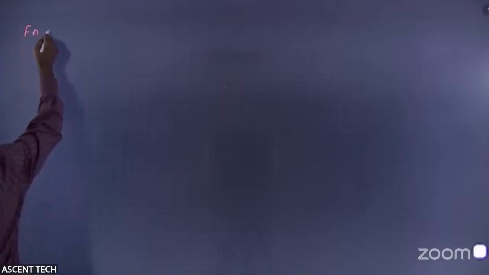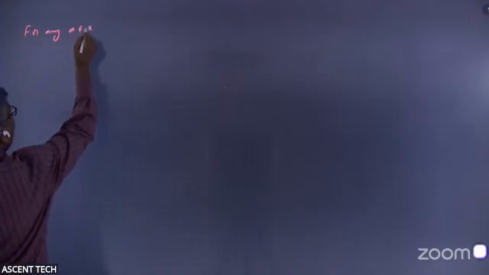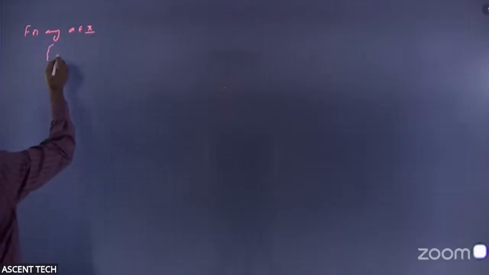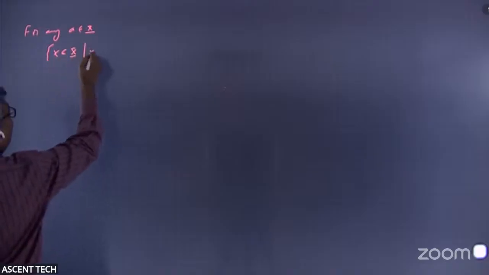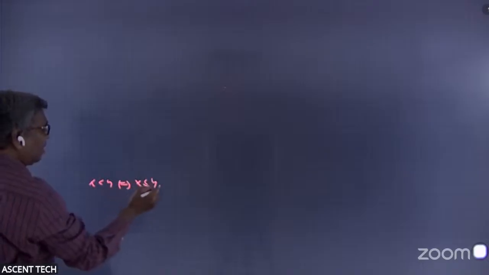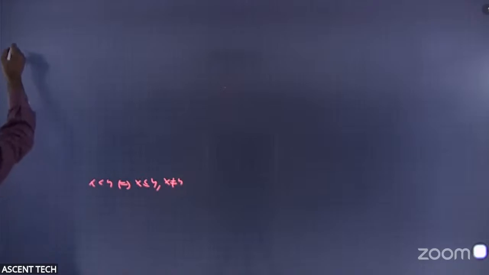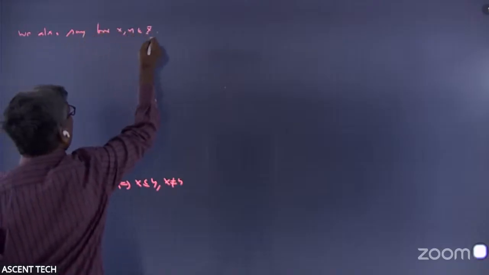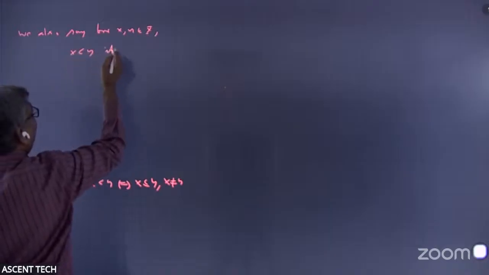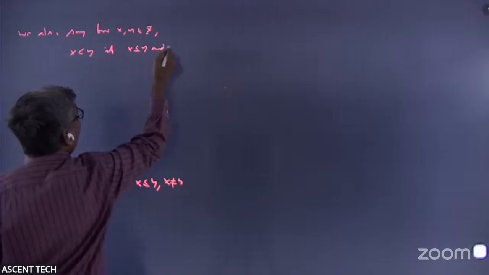For any a in X, if I look at all x in X which are, oh yeah, less than should be defined. This less than is not a big deal. I say x is less than y when x is less than or equal to y and x is not equal to y. We also say, for x and y in X, x is less than y if x is less than or equal to y and x is not equal to y.